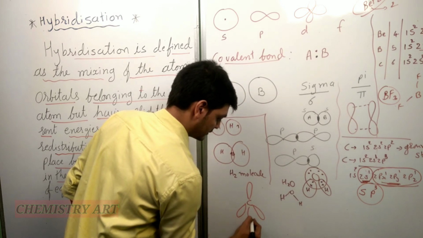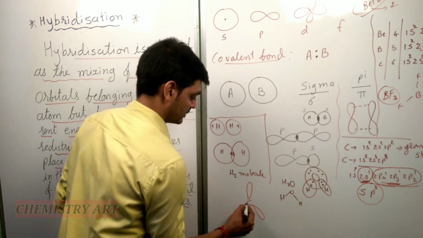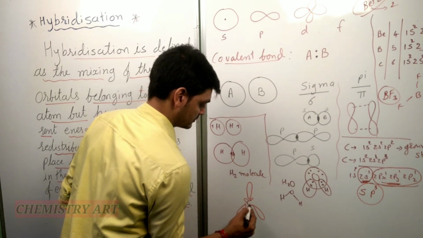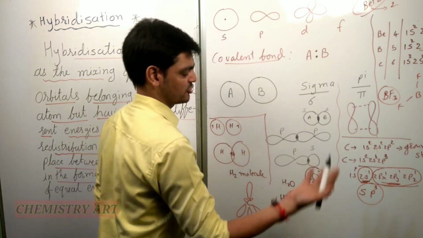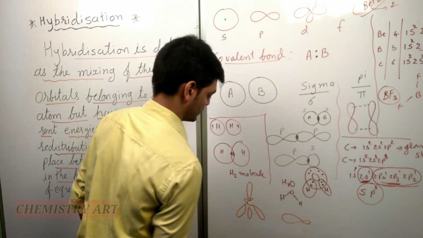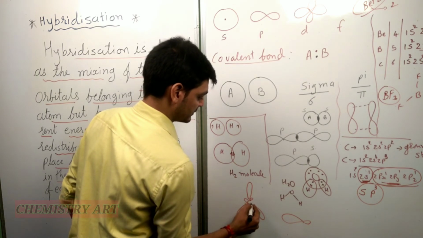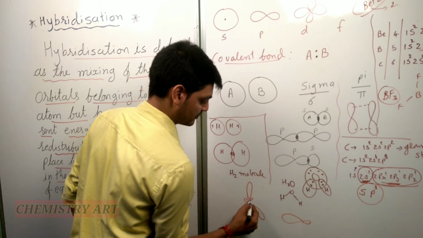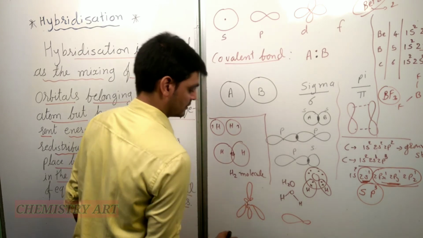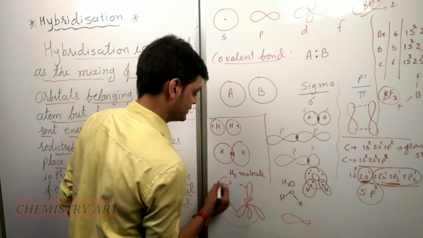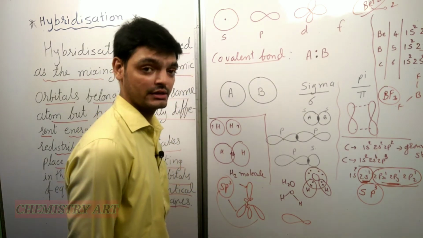We can just show these orbitals, because when a hybridized orbital is forming, the lobes are like this, one bigger and one smaller. So these are the hybridized orbitals of the carbon. These are sp3 hybridized orbitals.